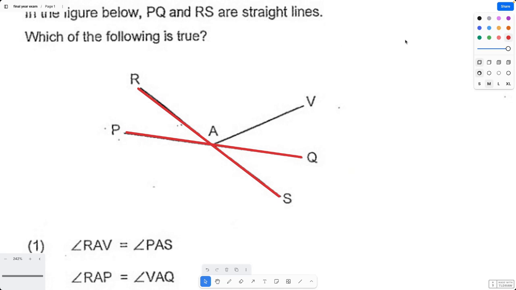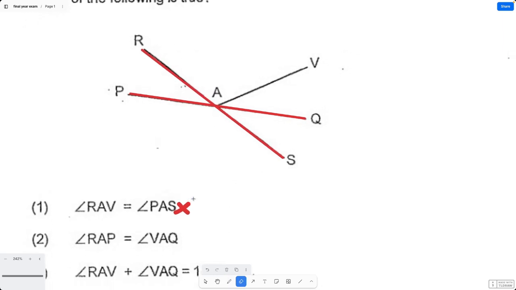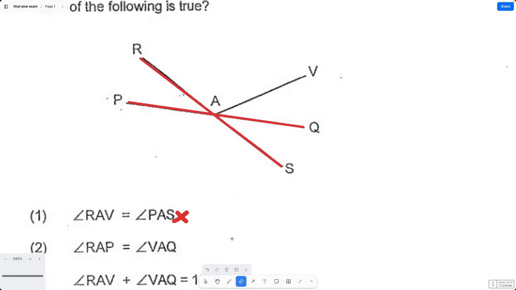So I'm gonna use this thing. So RAV over here is equal to PAS. So PA and then S, right? So as you can see, that's not equal. So this is wrong. Okay, so let's move on to the next one. Okay, so you say RAP. So I'm gonna write this. Okay, RAP, I'm gonna put blank.